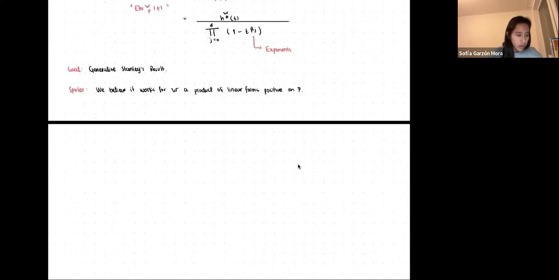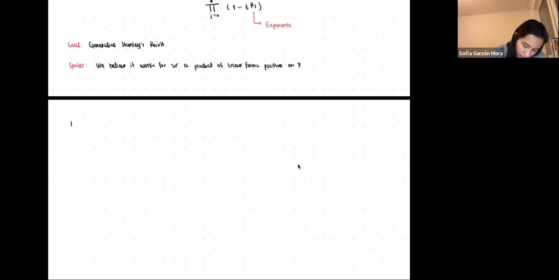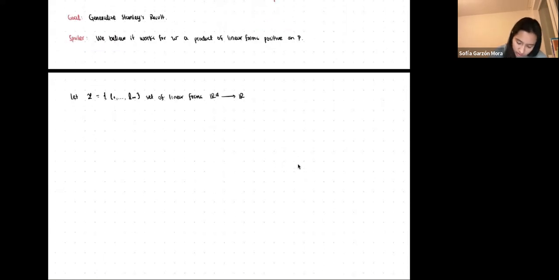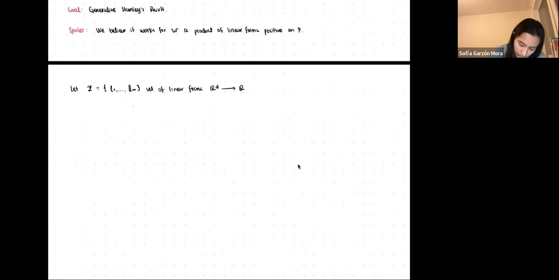We have a lot of open questions, but we can think about this as L, a set of linear forms from R^d to R. And so our question is, and I'm going to introduce some notation here as well. When I write S(P, L), I'm just saying I take all the lattice points on a polytope and then count its weights, which is a product of linear forms.